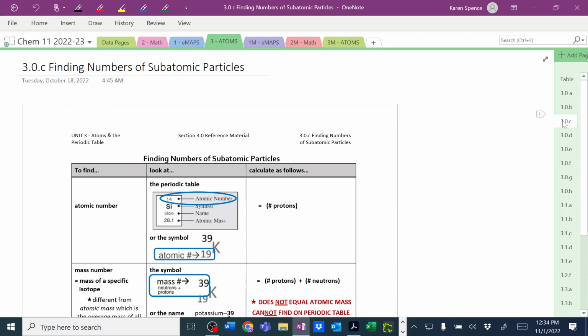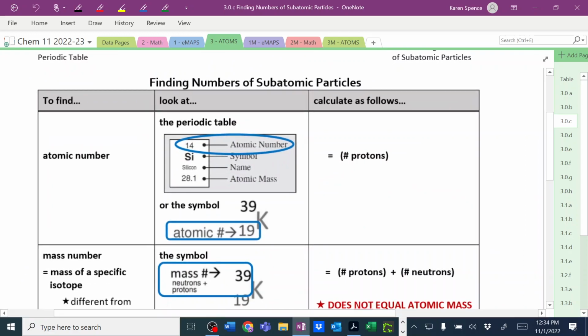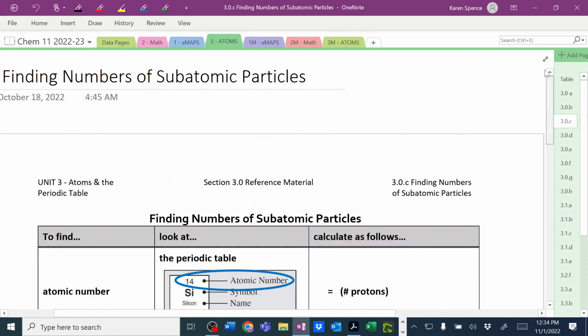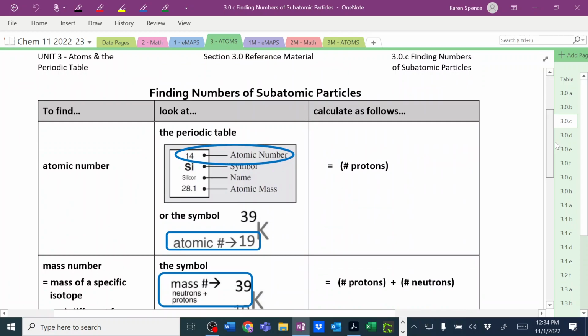Another thing that's nice to have, this is on the third page, I think, is just a summary of finding atomic particles. So if you get stuck at some point, this is on page 3, I think. Let's check. Page 3. If you forget and you're like, I am expected to write a symbol for an element and I need to write some numbers around it, what are all those numbers?